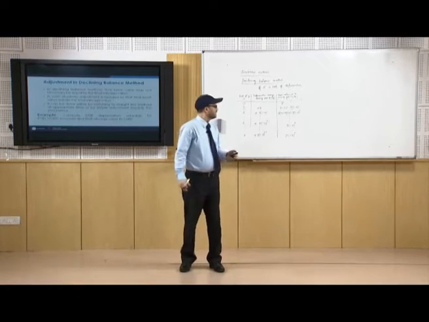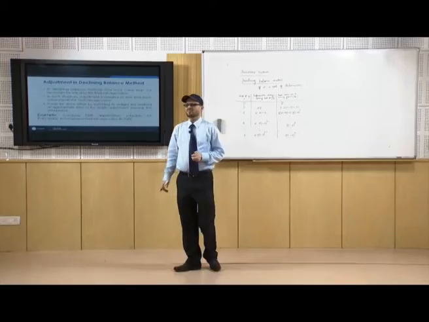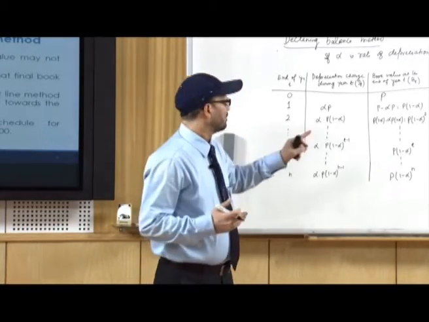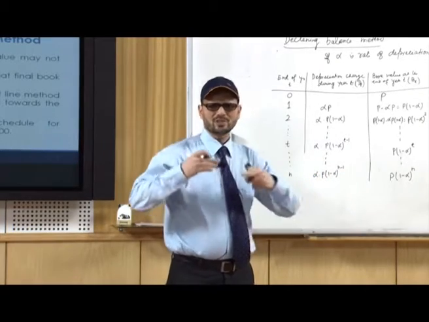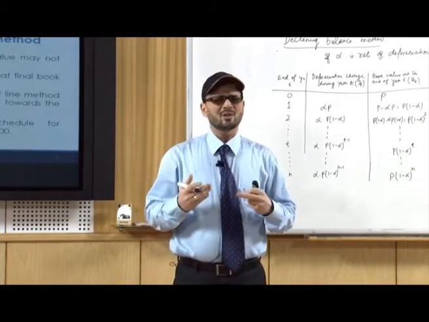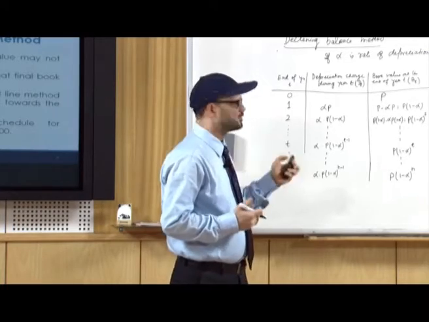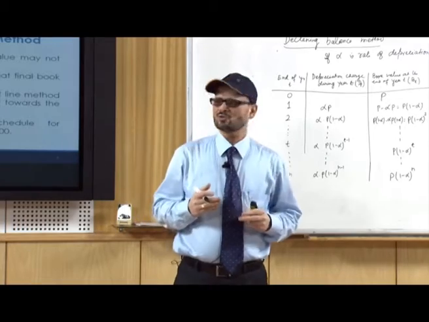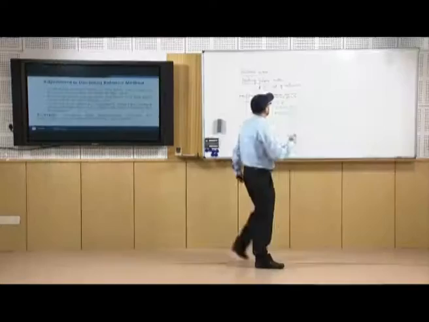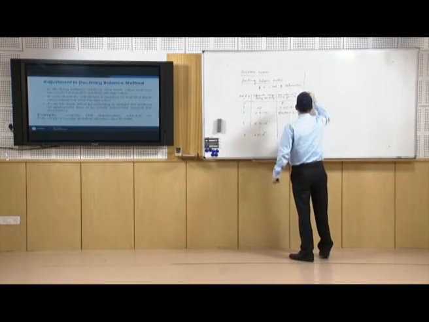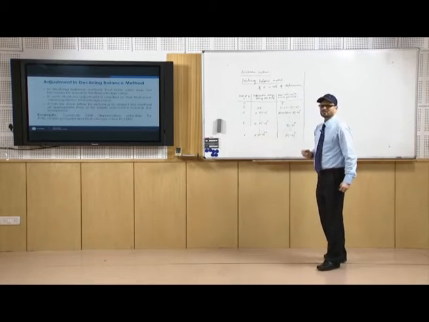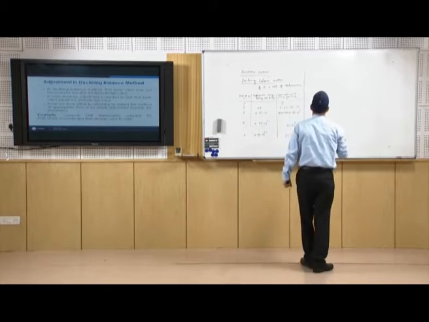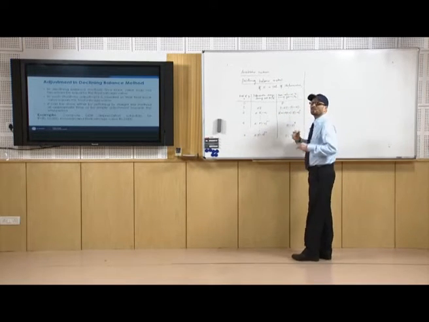Now, in many cases it is not certain that the reported book value will come out once you go with this method of depreciation. Before that, let us discuss certain facts. While discussing the declining balance method, the rate of depreciation in the straight line method is 1 by n.